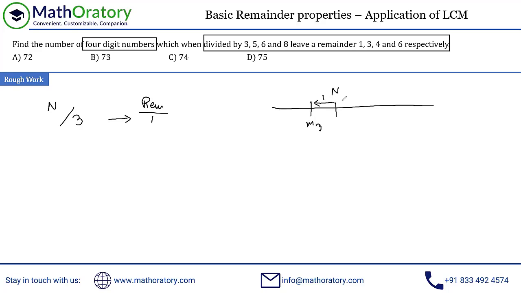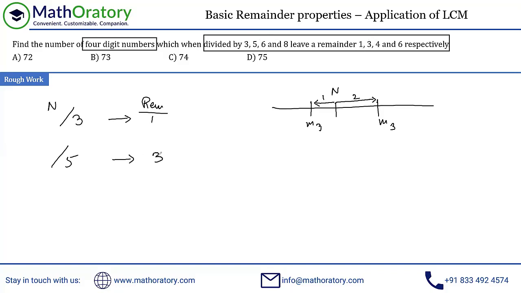Not only that, if I move 2 steps forward, I'll have another multiple of 3 because these two multiples of 3 will have a difference of 3, right? You can check here, 1 plus 2 is actually 3. So if I move 2 steps forward or 1 step back, I'll get a multiple of 3. Similarly, if this number is divided by 5, the second part, the remainder should be 3, right?